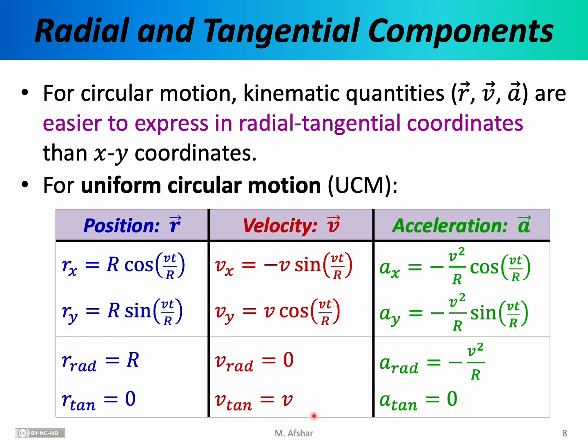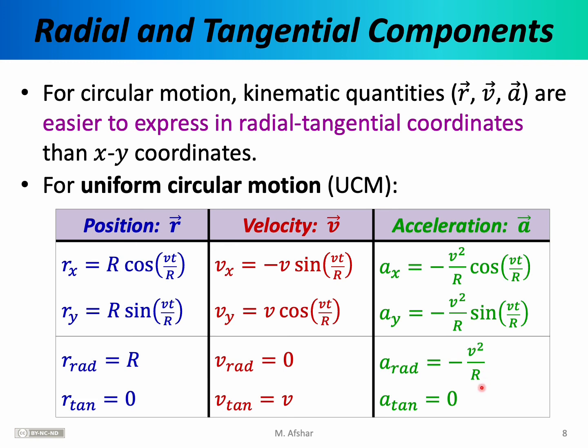It's always tangential, and that tangential component is constant in magnitude. Its magnitude is v. The acceleration vector does not have a tangential component, and it points only in the radial direction. It points inwards as opposed to outwards. We call that the negative radial direction, hence the minus v squared over r.